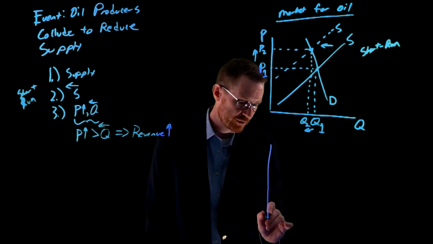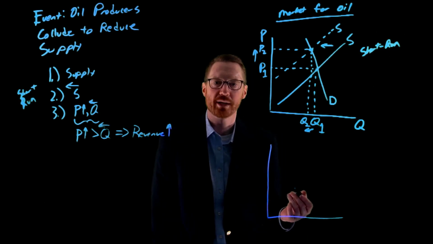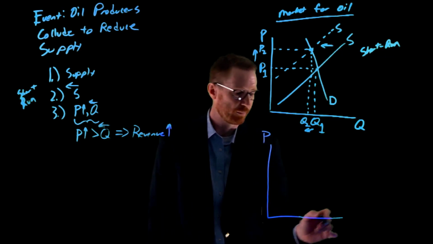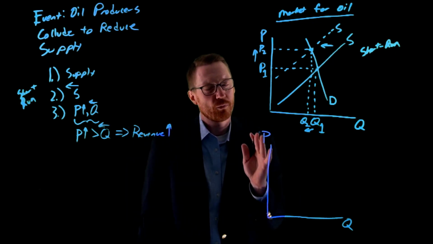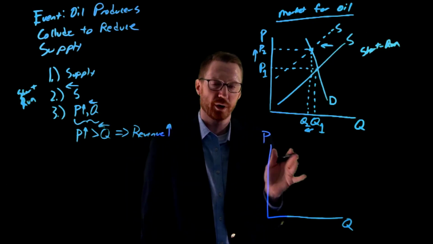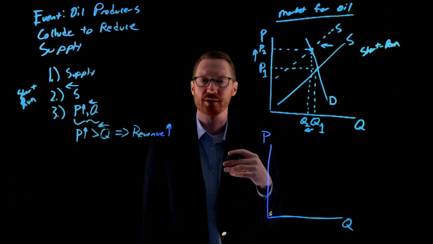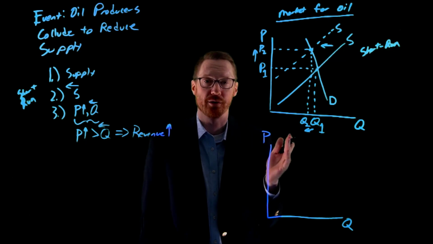Are oil producers effective at pushing up prices and raising their profits by colluding? So if we think about price, quantity, now what's the difference in the demand curve between the short run and the long run? In the short run, demand for oil, gasoline, etc. is pretty inelastic because we don't have a good substitute.